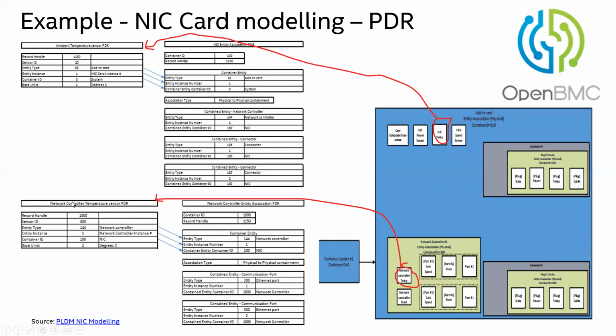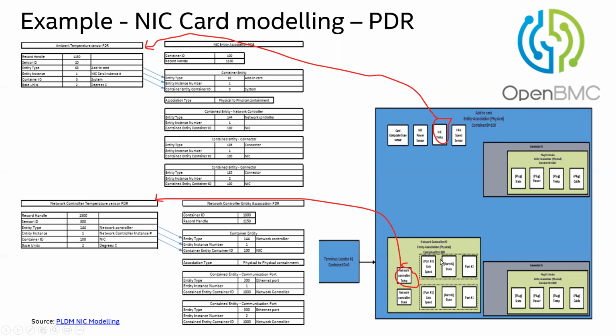If you see here, we are calling it a network controller temperature sensor, and the container ID is pointing towards 144, and that is nothing but a network controller. So what this basically indicates is this temperature sensor is contained under the network controller. So the network controller is a container, and this container is containing this network controller temperature sensor.